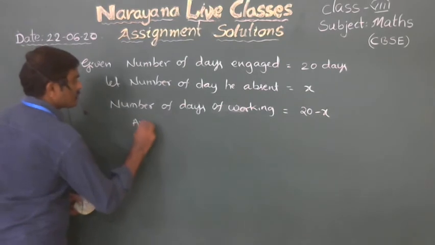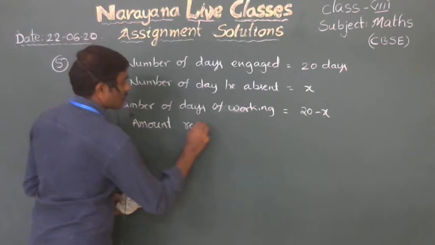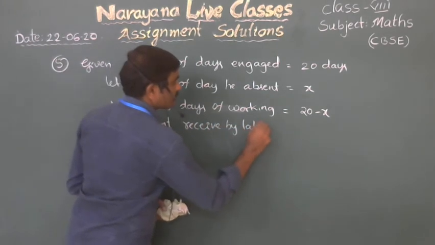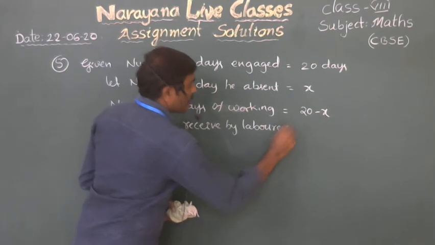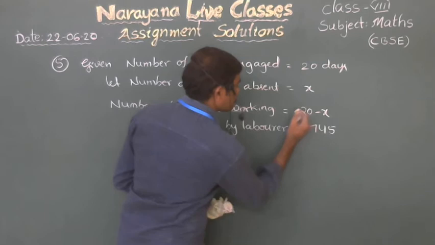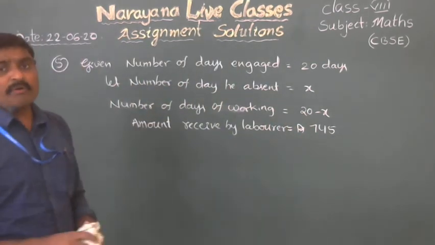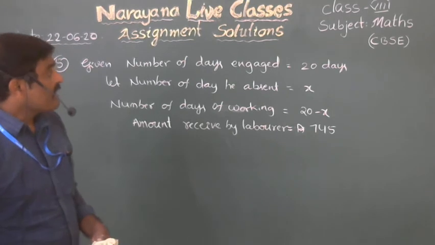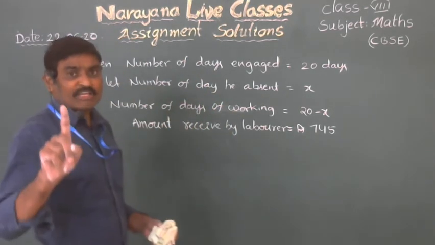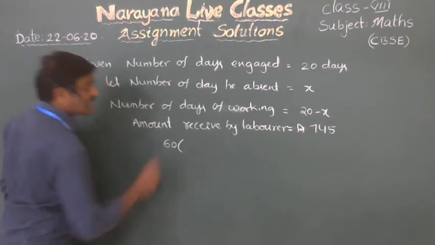Amount received by the laborer is equal to 745 rupees. So we will get that amount. Each present day earns 60 rupees. How many days was he present?